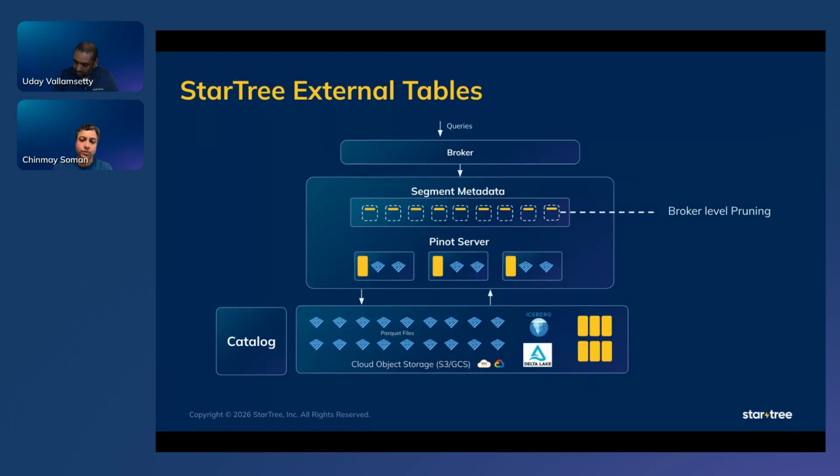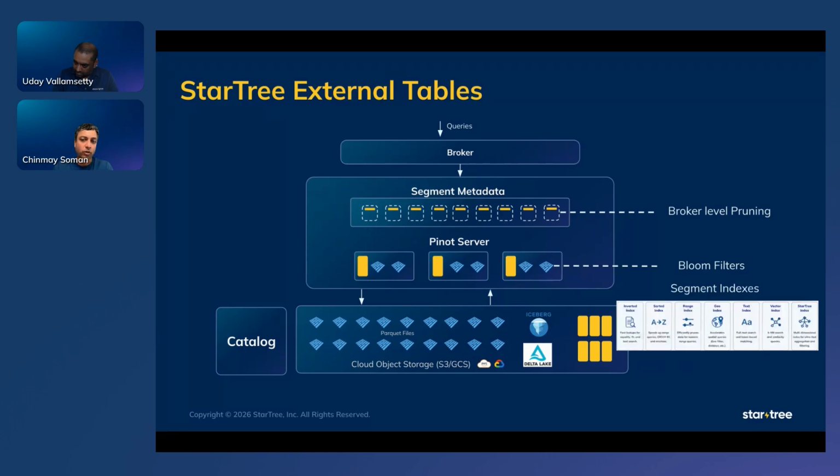So just to visualize this, broker level pruning, you have all the Bloom filters, which can still be cached locally on the Pinot servers. And then all of these indexes can also be cached locally on the Pinot servers, which really gives us the boost in performance.